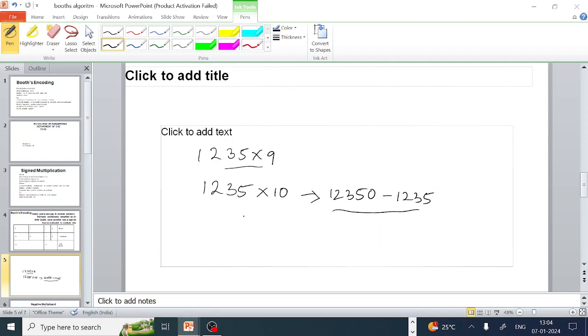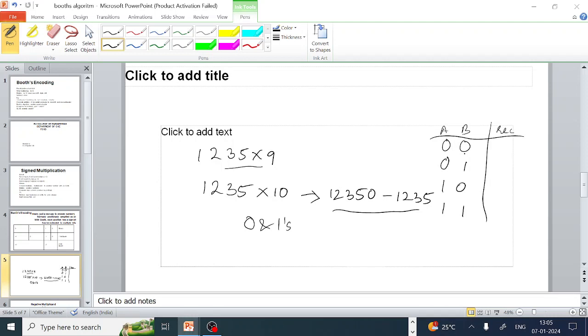The same concept is followed in Booth's, but we don't have 9, 10 and all that. You'll be using zeros and ones in Booth's algorithm. What he does in this recoding is, for 2 bits, the recoded pair is based on this table.